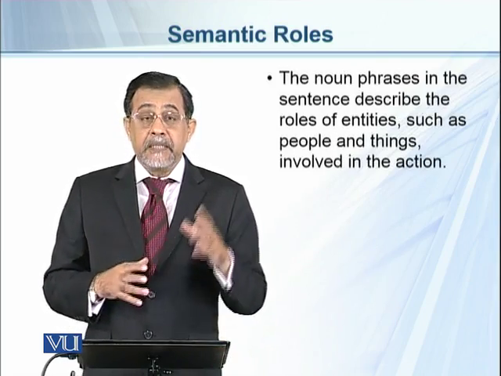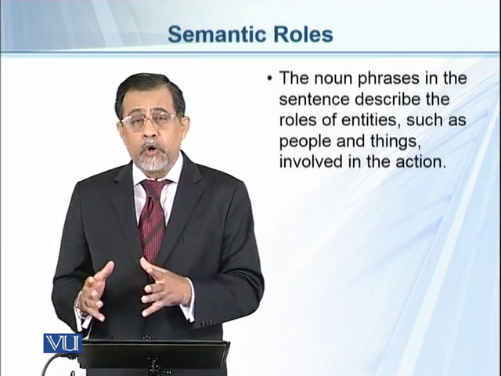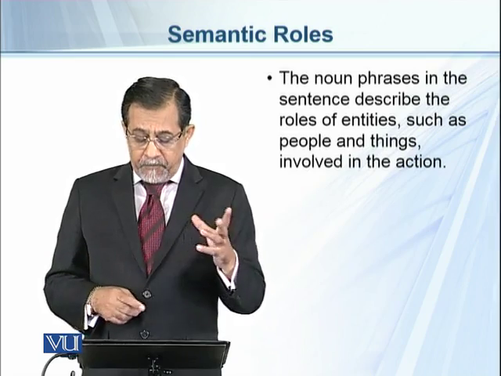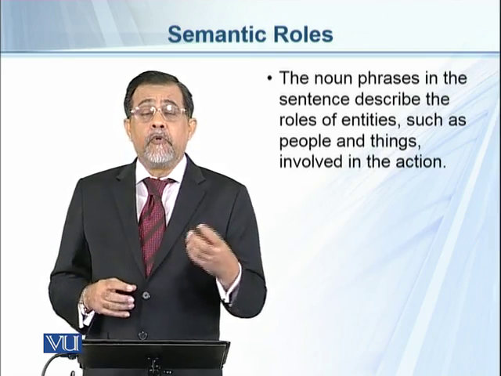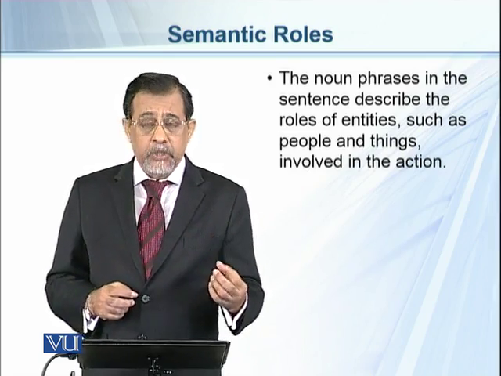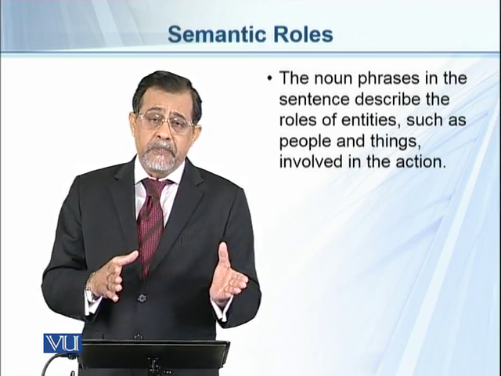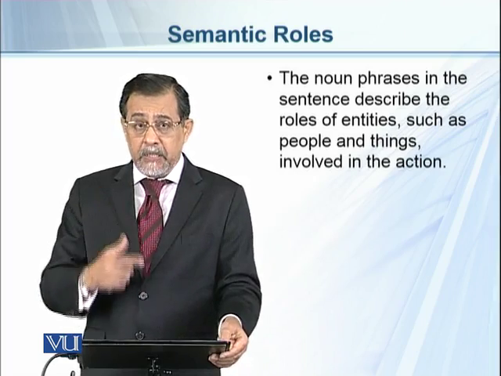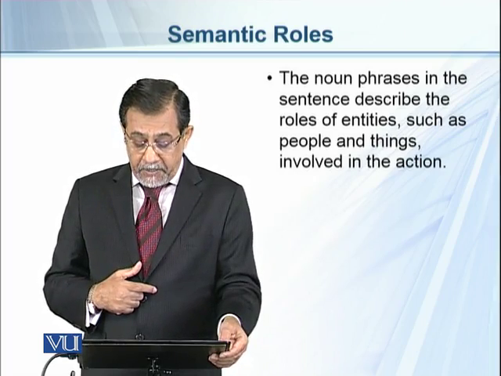The noun phrases in the sentence, the boy and the ball, describe the roles of the entities, such as people and things involved in that action. So, boy is a person and ball is a thing, right? Let's see what roles they are performing.